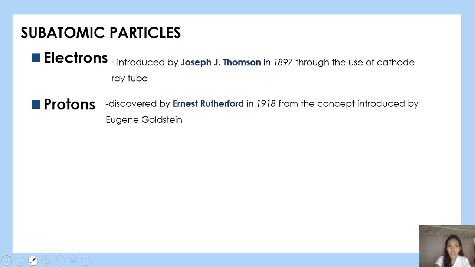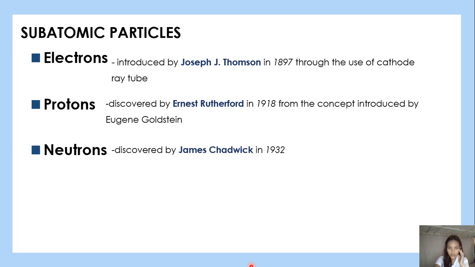Protons were discovered by Ernest Rutherford from the concept introduced by Eugene Goldstein. Actually, guys, Ernest Rutherford is a student of J.J. Thomson. These protons were discovered through the experiment of alpha particle bombardment into thin gold metal foil.